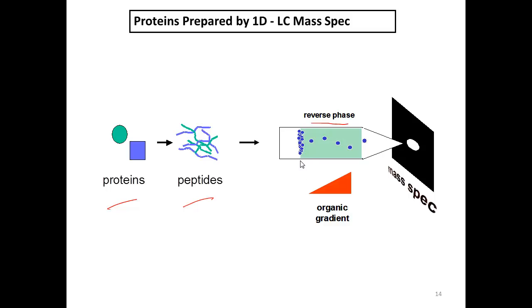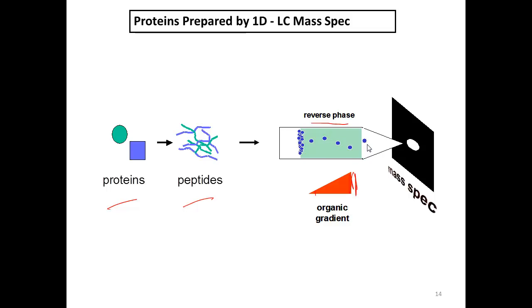First, you'll elute those that are least hydrophobic by the inclusion of just a small amount of organic solvent. To break the strongest hydrophobic bonds between the most hydrophobic peptides and the hydrophobic resin will require the most organic solvent. And by increasing the organic gradient over time, we'll release peptides based on their hydrophobicity.